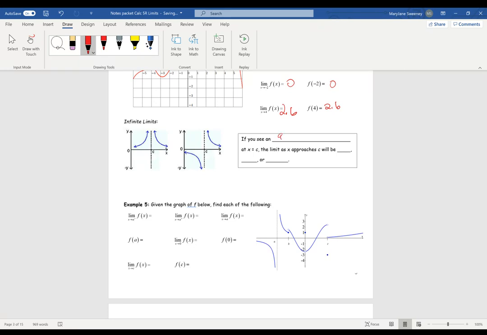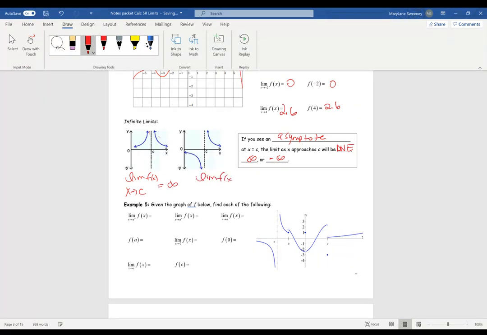If you see an asymptote at x equals c, the limit as x approaches c will be either does not exist, infinity, or negative infinity. If they're both going up to infinity, it could be infinity. So here, the limit of f of x as x approaches c would be infinity.